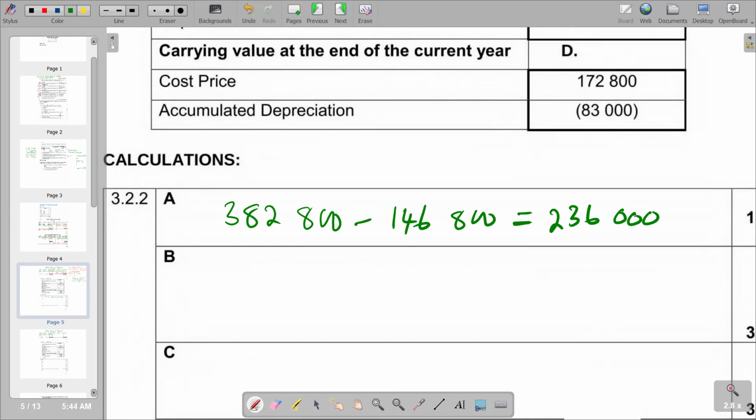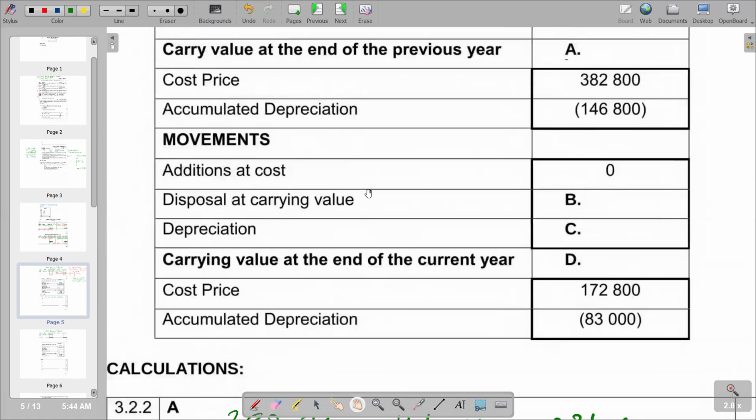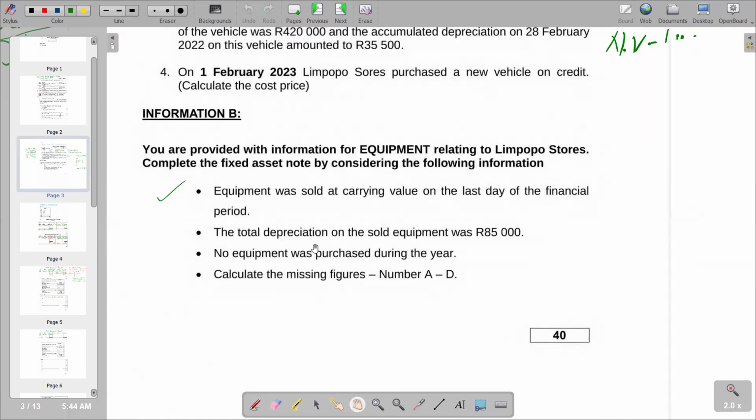Then we go to calculate B now. We go to B, and B we are told is disposal at carrying value. So we go back to the information that we have in the question, whereby it says total depreciation on the sold equipment was 85,000. So we have 85,000. That's the depreciation.